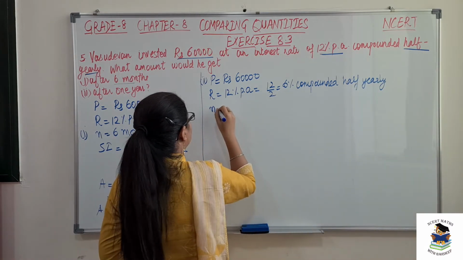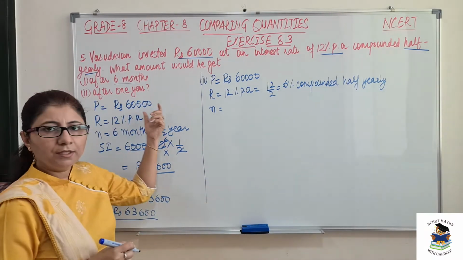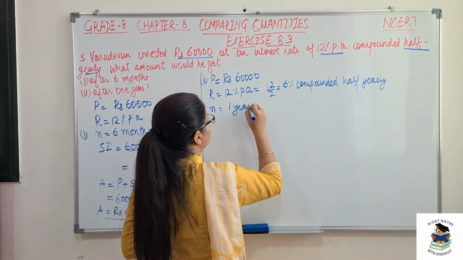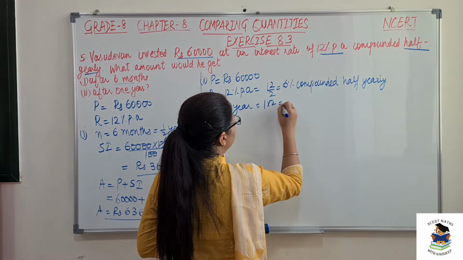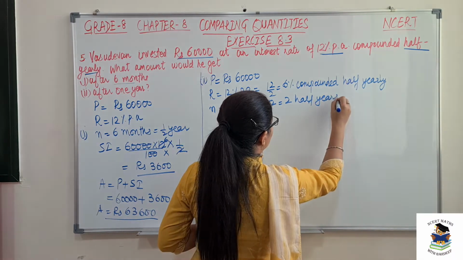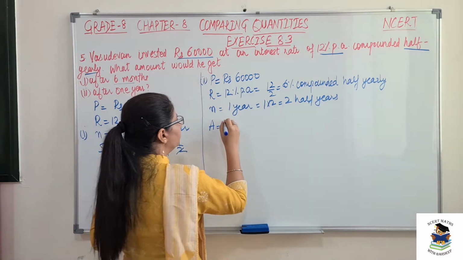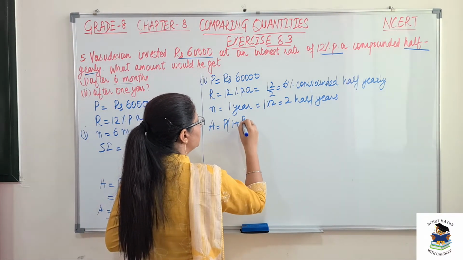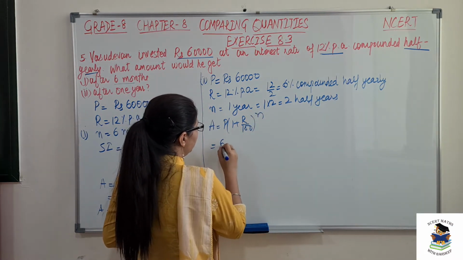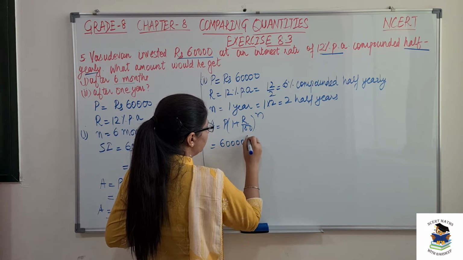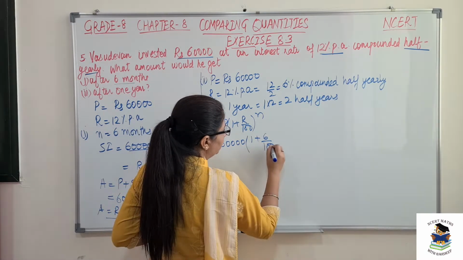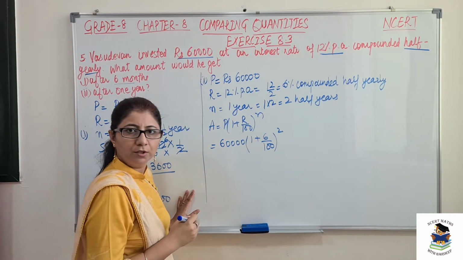So what is N now? Since this is 1 year, it means 2 half years. So 1 year should be multiplied by 2, that means 2 half years. So what is the amount then? P into 1 plus R by 100 raised to power N. So let's put the values: 60,000, R is 6 over 100, raised to power 2.